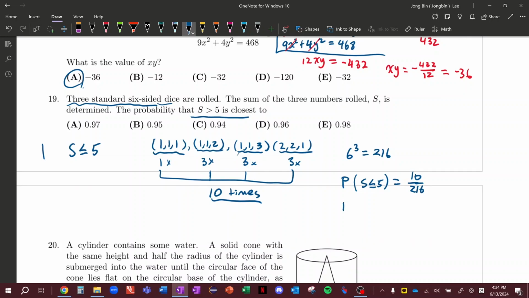So we are subtracting this from 1, which is 1 minus 10 over 216, which is 206 over 216. And if we plug this into our calculator, this is somewhere around 0.954. So our final answer would be B.